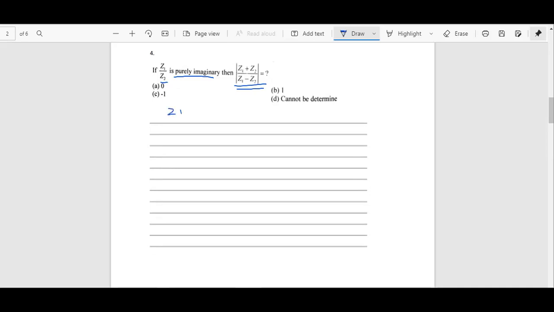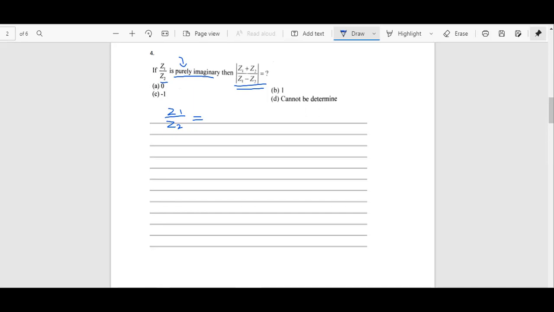If z1 by z2 is purely imaginary, it is a complex number with an imaginary part only. I don't know what that imaginary part would be.